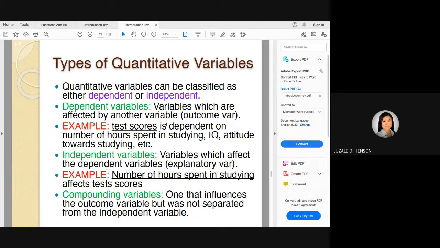And then we also have confounding variables, which are those variables that were not separated from the independent variable, pero they were not measured. But somehow it affects the outcome variable, but it was not considered in your study. Let's say you want to measure the scores of exam of the students, but you only consider those factors like number of hours that they study, their location from the school.